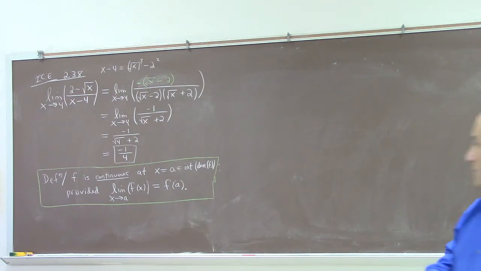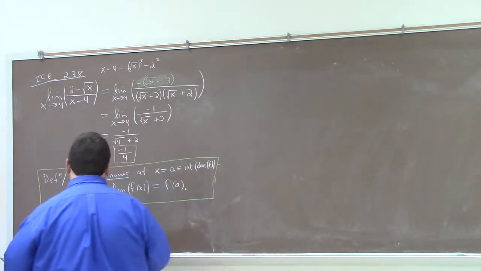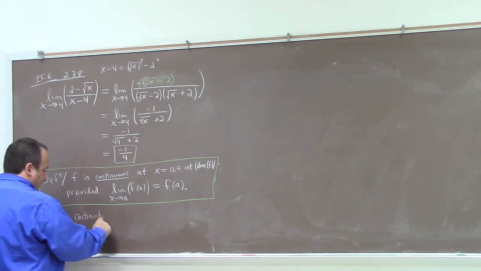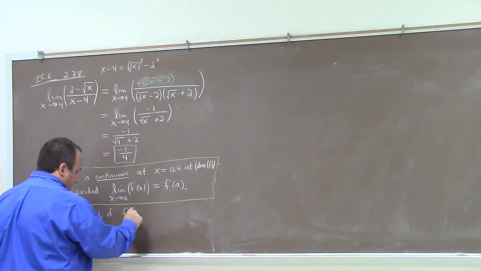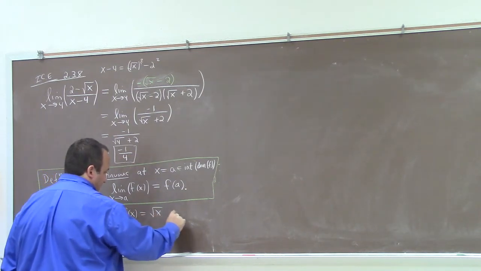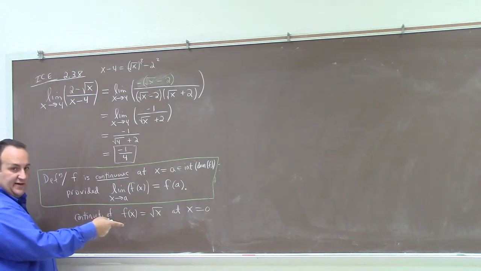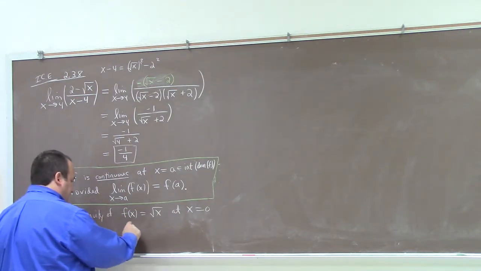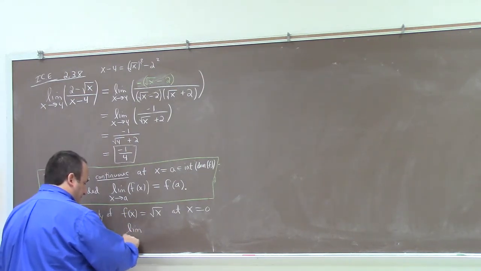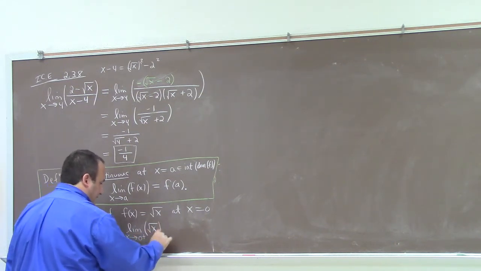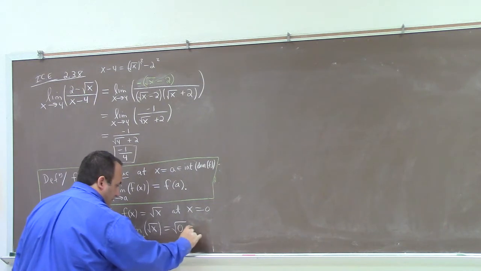So continuity of f of x equals the square root of x at 0 is judged by the following fact, that the limit as x goes to 0 from the right of the square root of x is equal to the square root of 0.